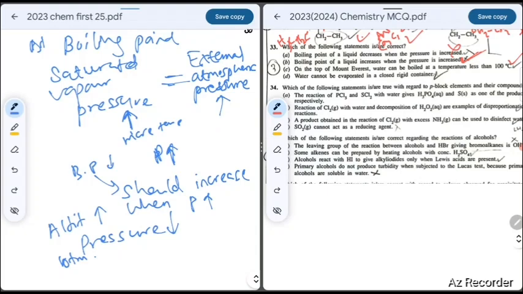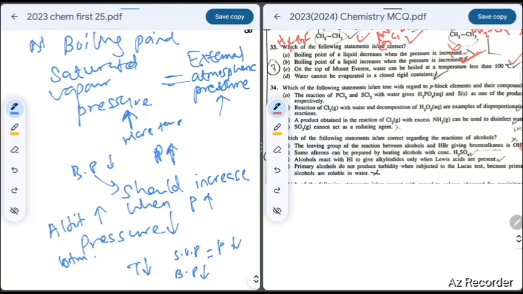It means at mountains and hilltops, the atmospheric pressure is lower. So the saturated vapor pressure needed is also low. We have to supply less temperature for the saturated vapor pressure to be equal to the external atmospheric pressure, so the boiling point will be low.